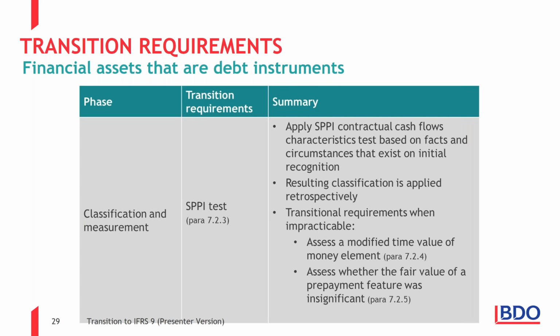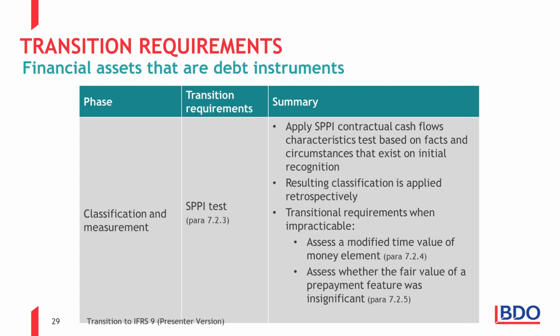So the requirements, or an overview of the transitional requirements around the SPPI test, is you apply the SPPI, which means solely for the purposes of principal and interest. You apply the SPPI contractual cash flow characteristics test based on facts and circumstances that exist on initial recognition.